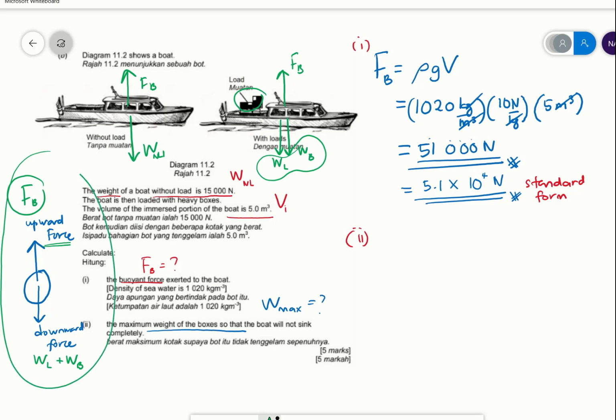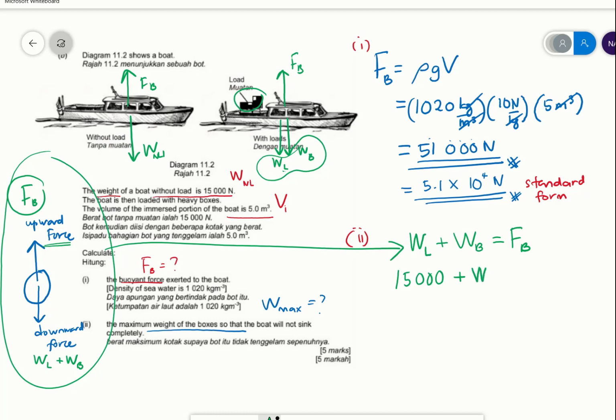Now we transfer this information to the equations. The weight of water displaced, or weight of the floating object, equals the buoyant force. This is the formula that we get from the problem. Now we substitute the values.